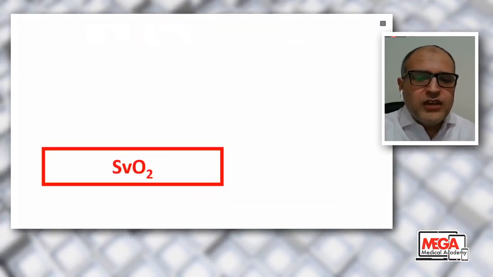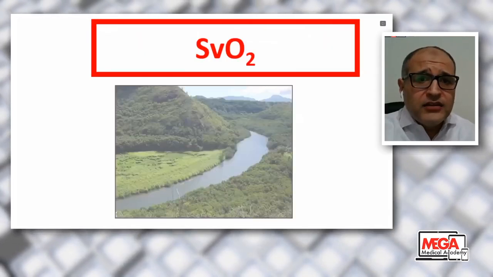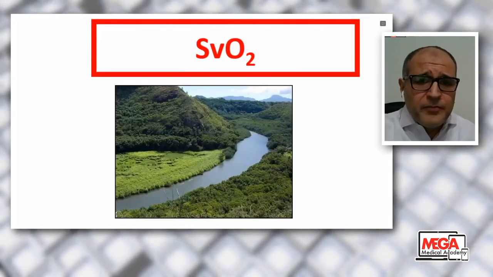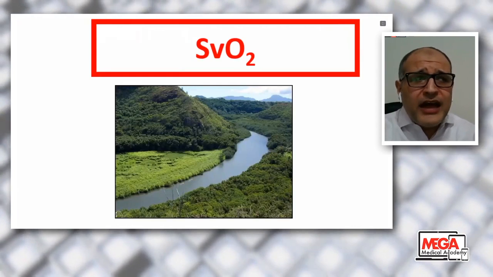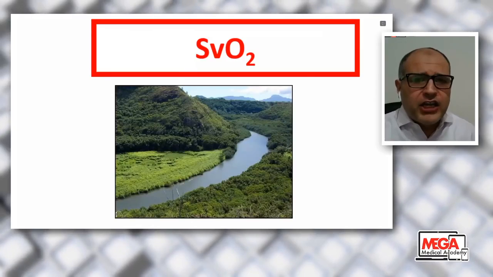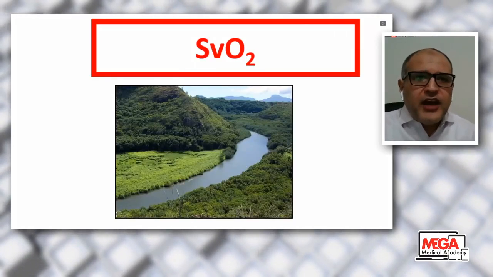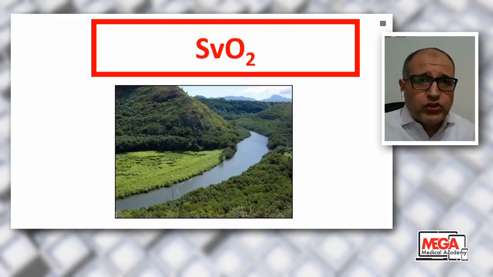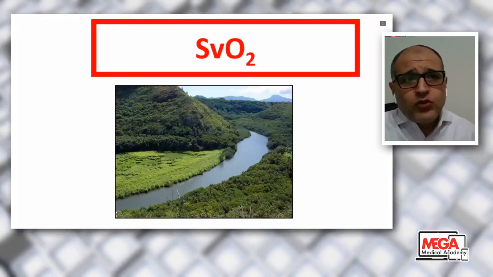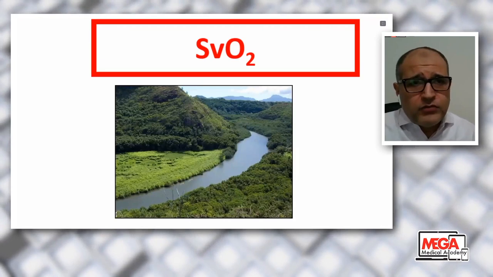If I take the venous oxygen saturation as a perfusion index, I can explain it like this: if I have an agricultural land and a canal which delivers water to the land, and another canal which takes the waste from the land.